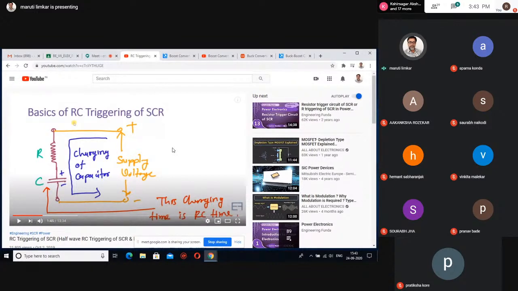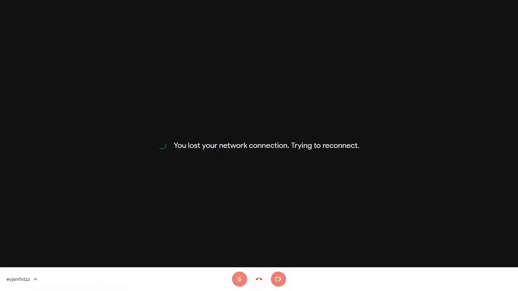If this time constant is infinity, then the capacitor will not be discharged, it will hold the charge. And if this time constant tau equal to RC is very less, then suddenly the capacitor will be charged and suddenly the capacitor will be discharged.